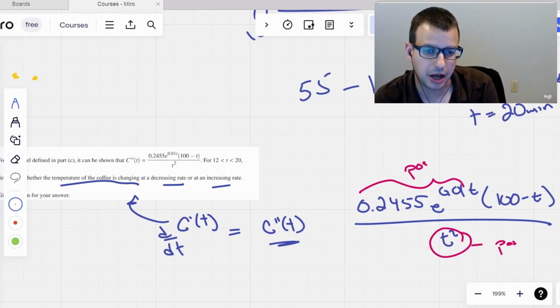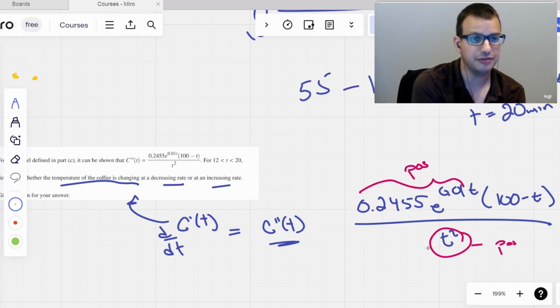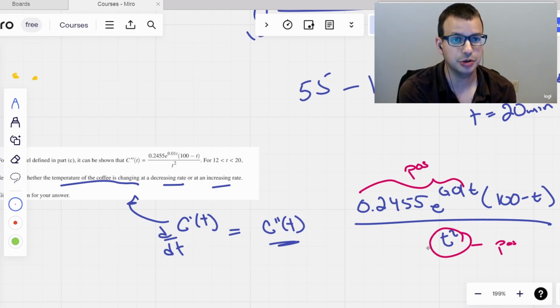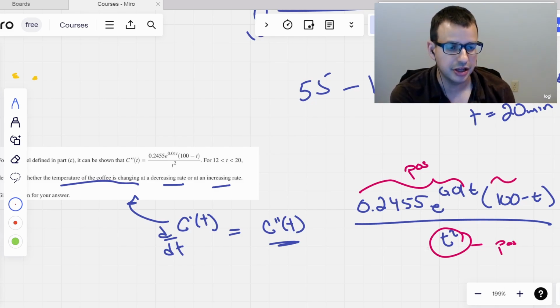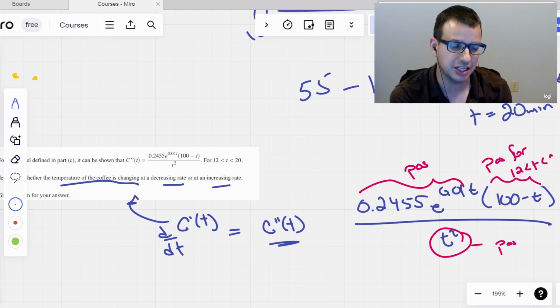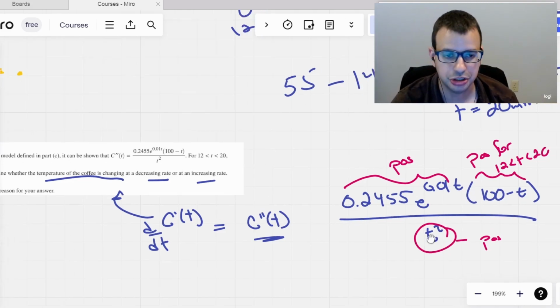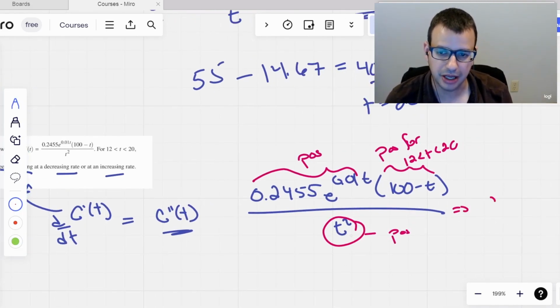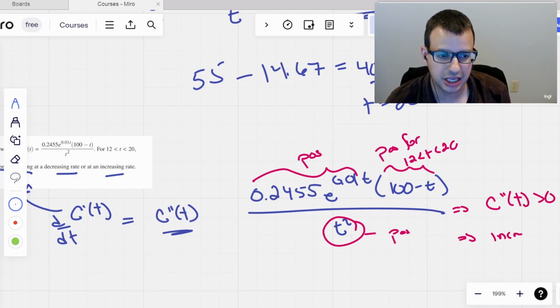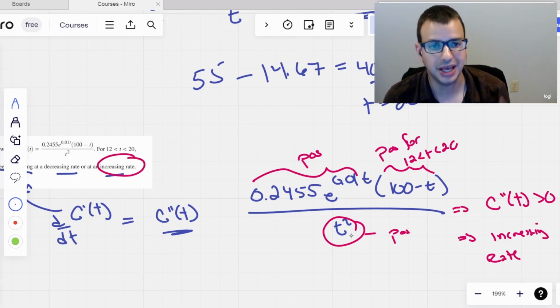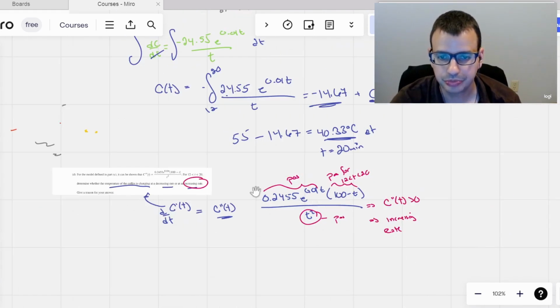This we know is positive because 0.2455 is positive, and e to an exponent is also always going to be positive, and this will be positive for t between 80 and 88. So since all the terms are positive, that implies that C double prime of t is positive, therefore an increasing rate. So we know that this is going to be at an increasing rate over this interval.